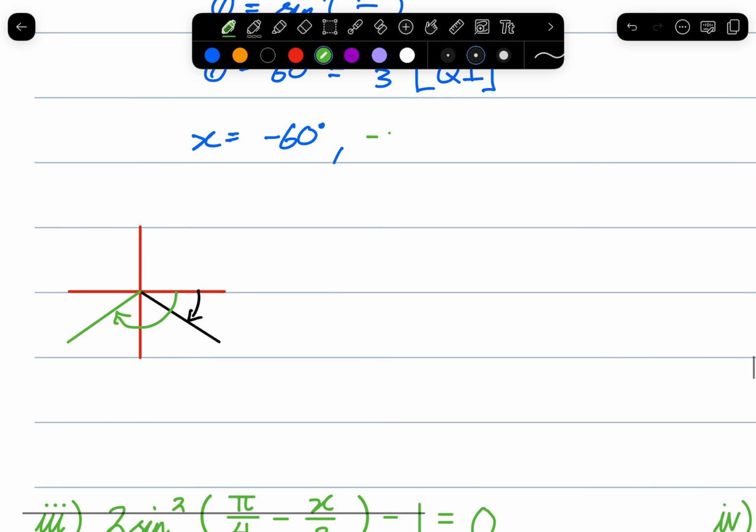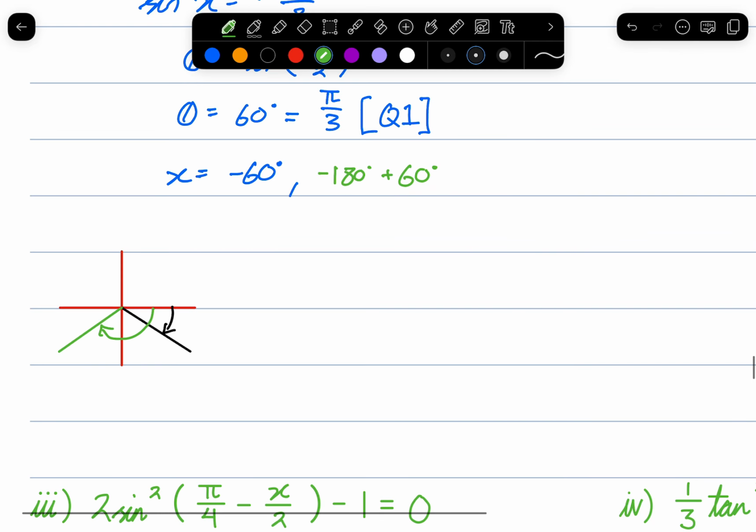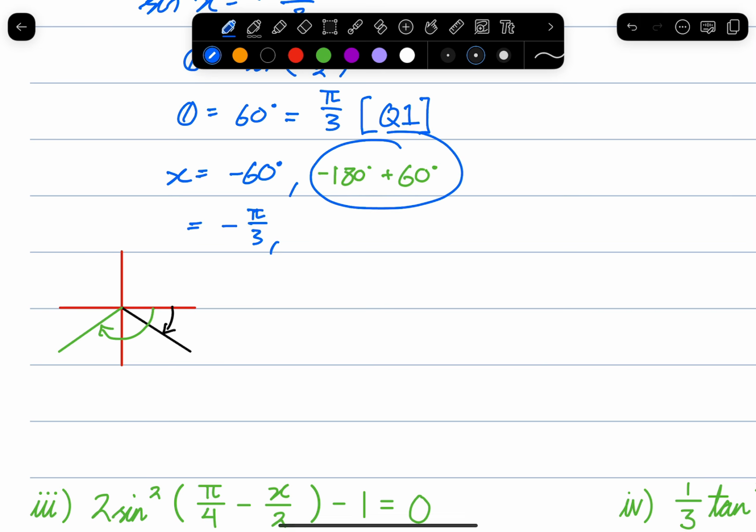Now, of course, we could have done all of this in radians immediately. So this is negative pi on 3. And if you wanted to calculate this one, this would have been negative pi plus pi on 3.